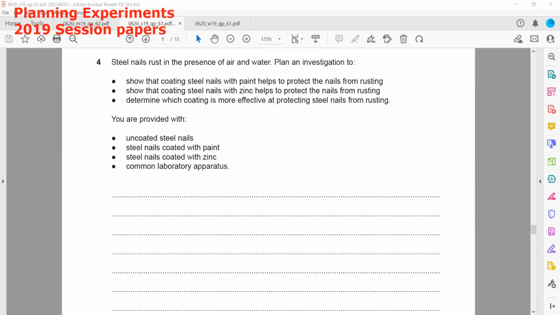And we'll add an equal amount of water, and we'll leave it, because rusting is a slow process, for about 2 weeks or even 3 weeks. And then we will filter and reweigh. The one which shows the smallest change in the mass, or negligible change in the mass, or has a small quantity of rust on it, is the most suitable coating.